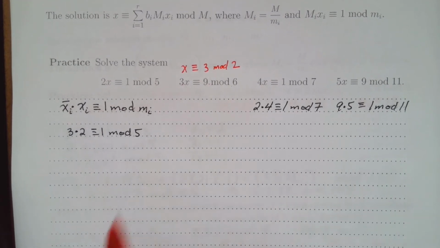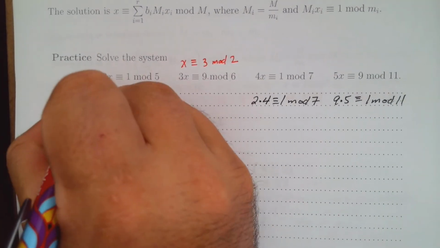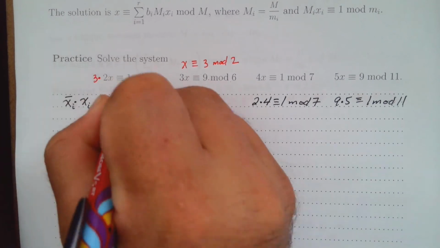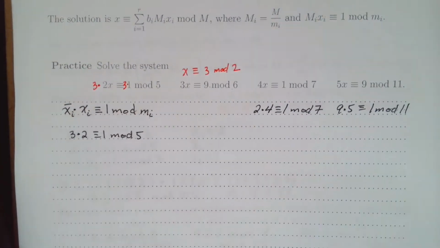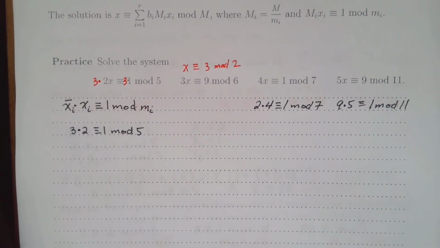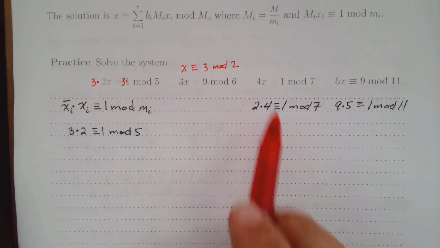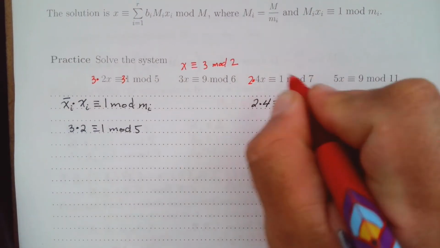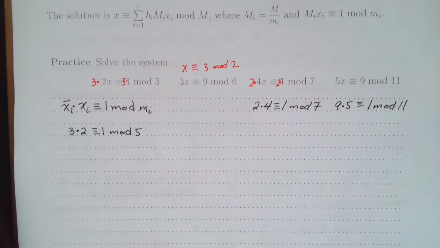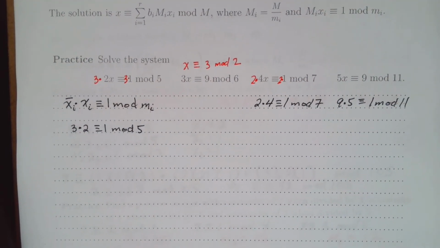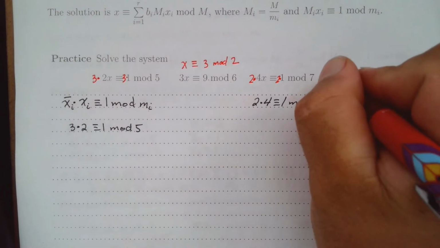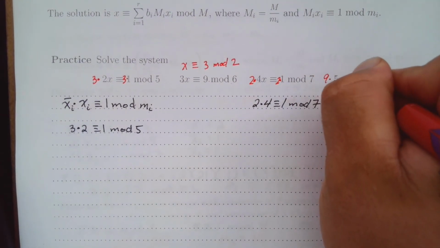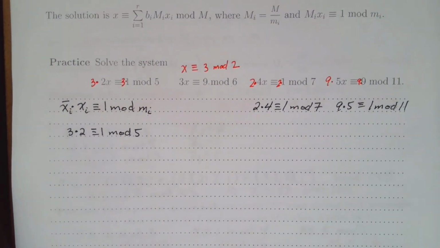What that means is I'm going to multiply each side of the first congruence by 3. Over here, I'm going to multiply each side of the congruence by 2. And over here, I'm going to multiply each side of the congruence by 9.